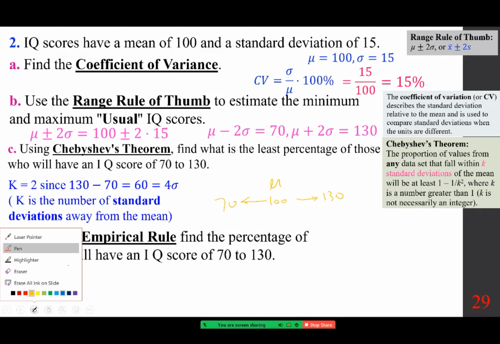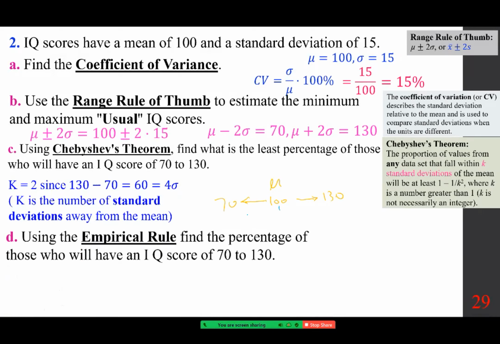We know that. But if it wasn't given, this distance is 30. So is this distance. And each one you divide by sigma. So when I divide 30 by sigma, which is 30 divided by 15, that means 2.